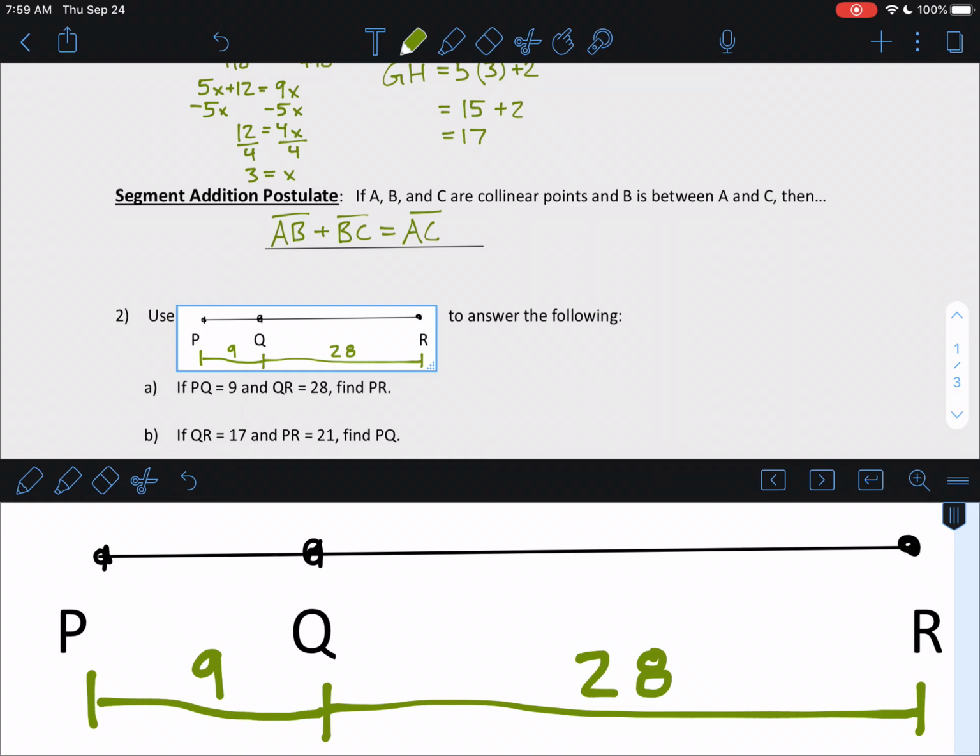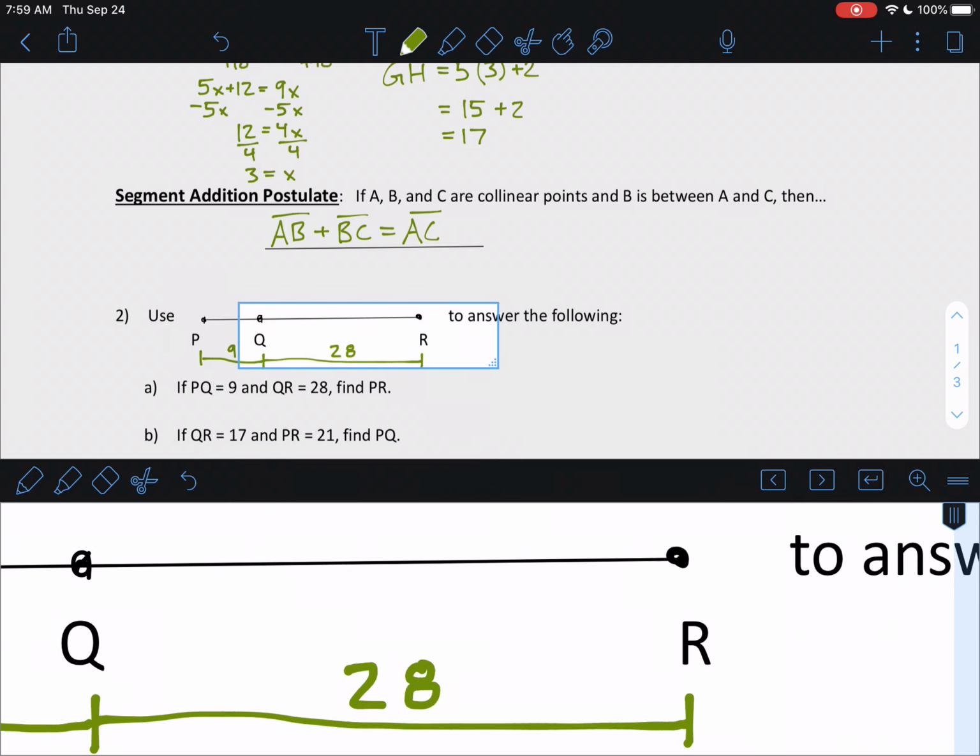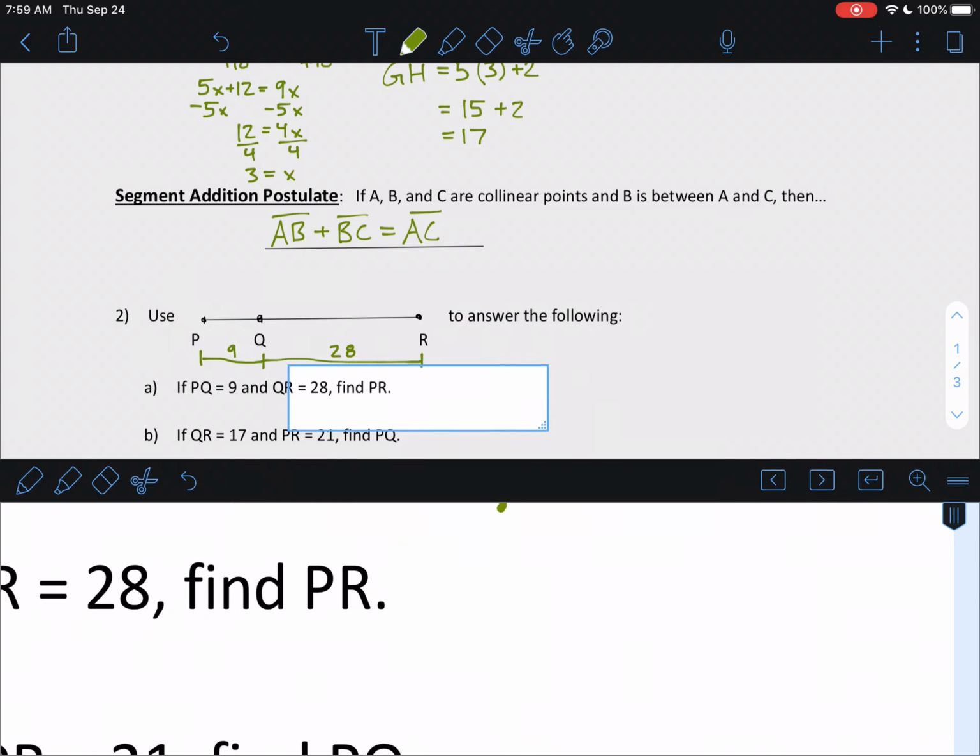So we can see this is an application of that segment addition postulate. So all I really need to do is add the 9 plus 28 now to find the distance between P and R. So 9 plus 28 is 37. And that's my answer.